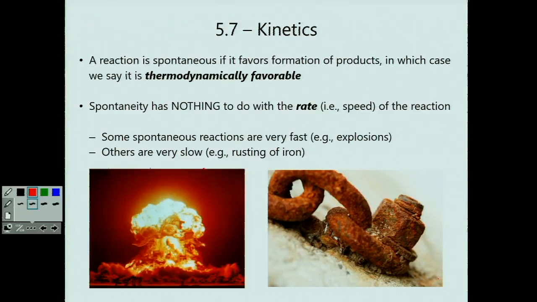Okay? Now, it turns out that whether a reaction is favorable or not thermodynamically, meaning whether the products are more stable than the reactants and the reaction tends to naturally, spontaneously proceed in that direction, has nothing to do with how fast it's going to go.